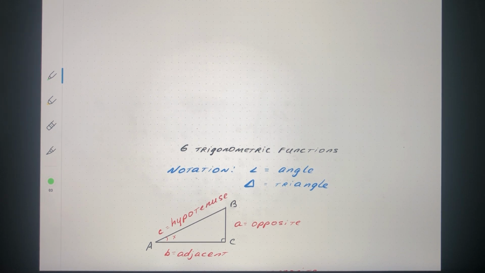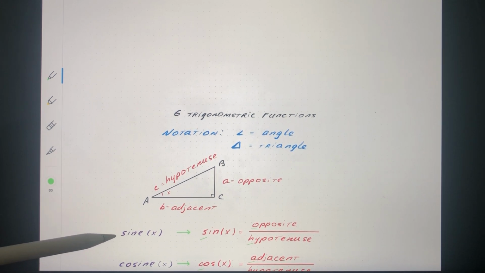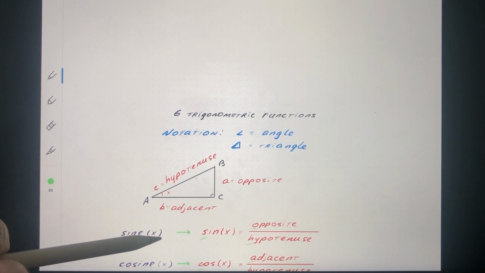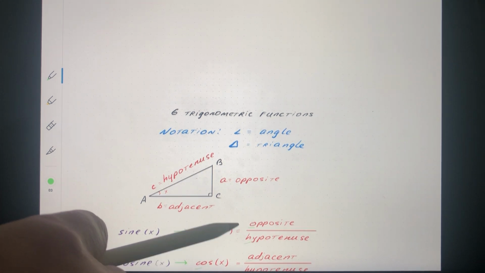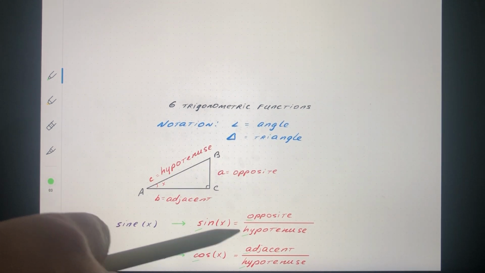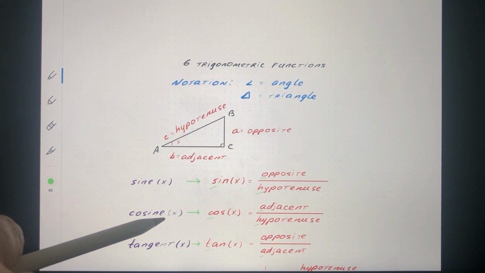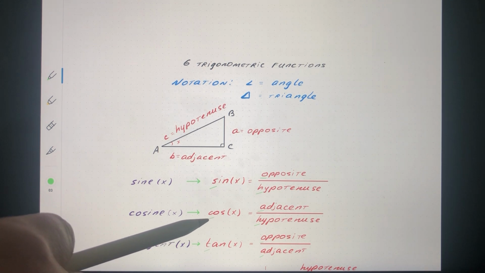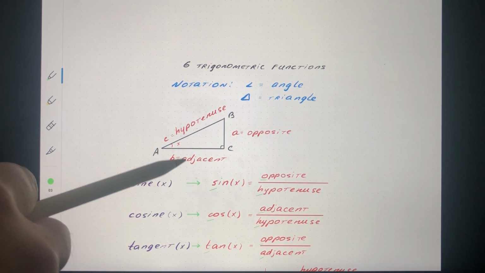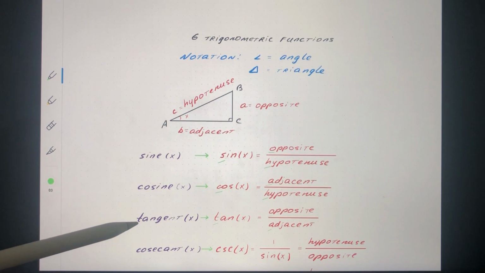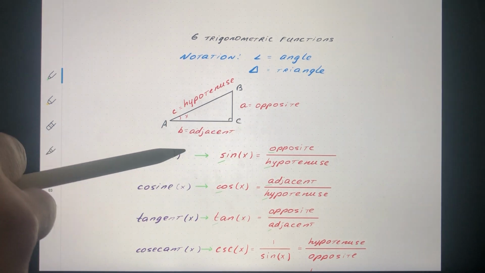So the first one is called the sine, and the actual name is sine of x, but we abbreviate it as sin of x, and it is the opposite side divided by hypotenuse. The next function is cosine of x, and we abbreviate it as cos of x, and that is the adjacent divided by hypotenuse. The next is tangent of x, and that's the opposite over adjacent.